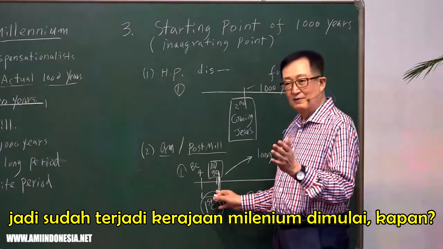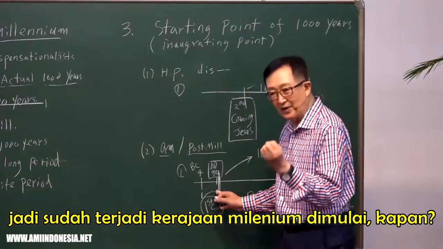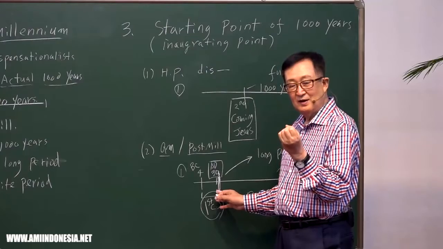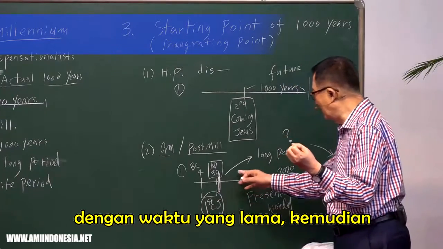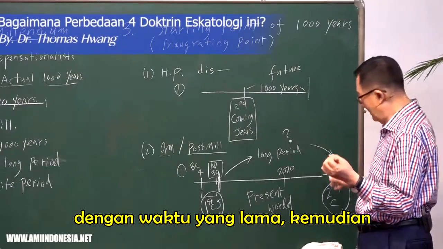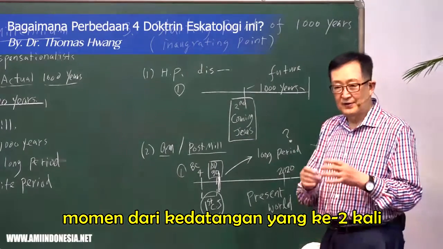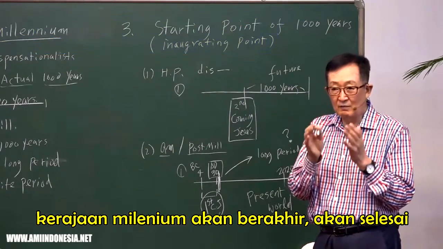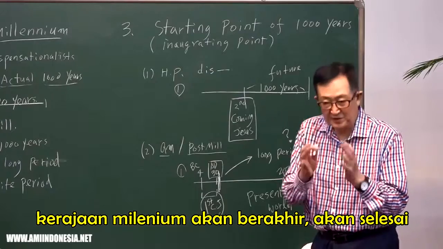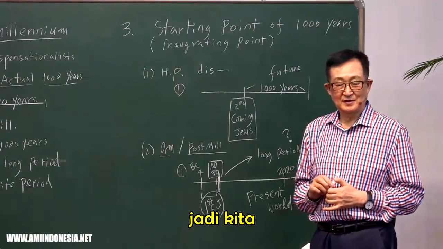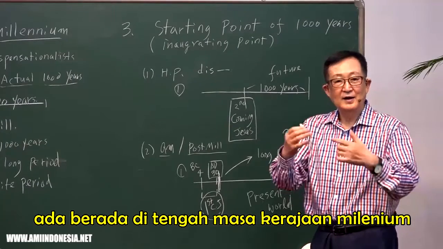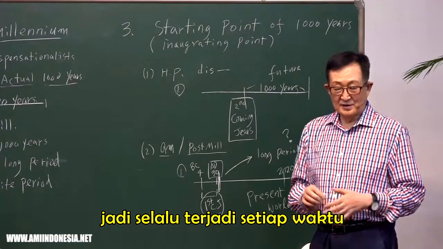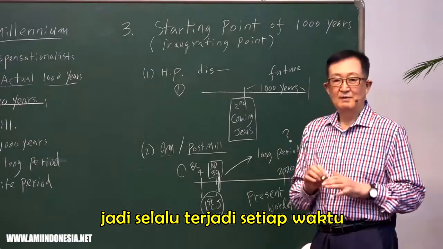So the millennium kingdom was already inaugurated. When? At his first coming. Now, all the way, a long period of time later, at the moment of the second coming, the millennium kingdom will end, when finished. So we are in the middle of the millennium kingdom. Got it? So it's always present tense.